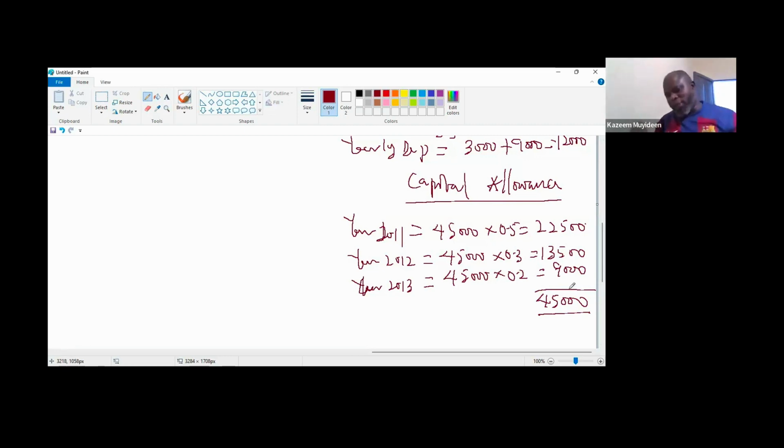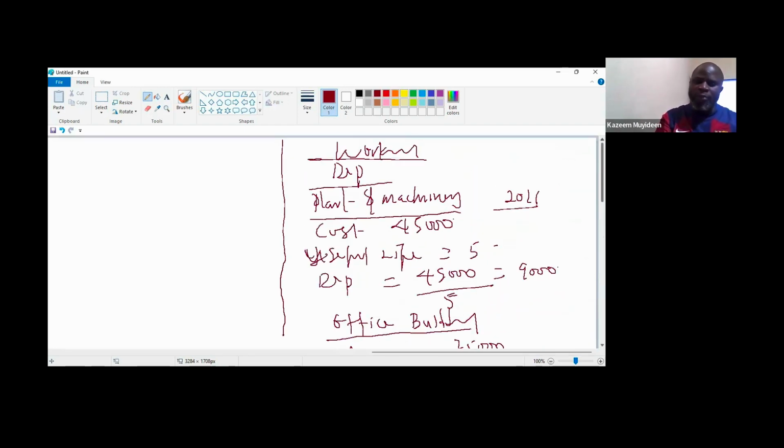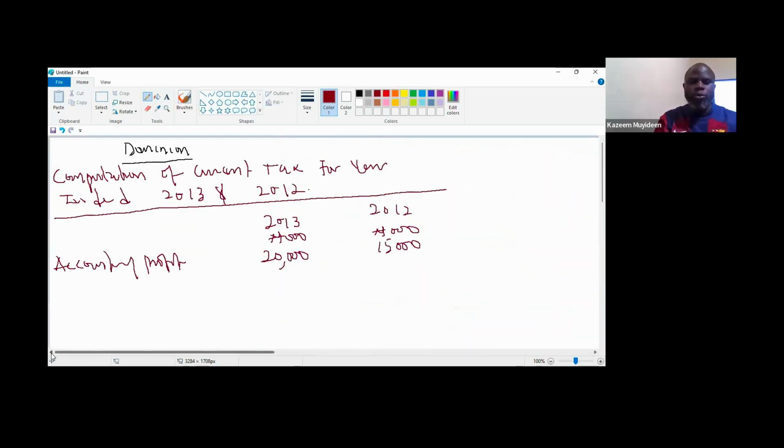But in year 2012, I better say, I need the capital allowance. But the depreciation is here 12,000. Let's go up and go down and go side. I'll now say depreciation, which is going to be added back.